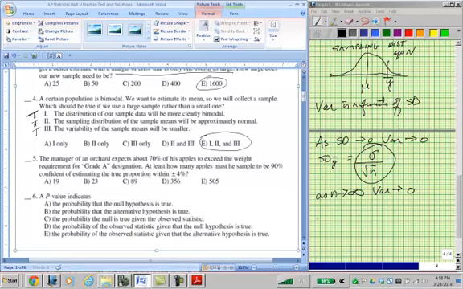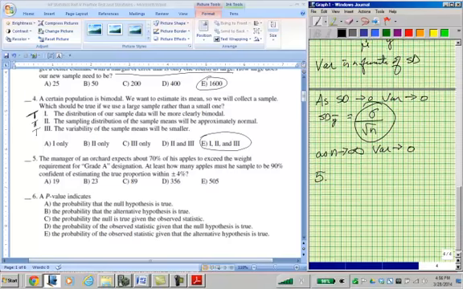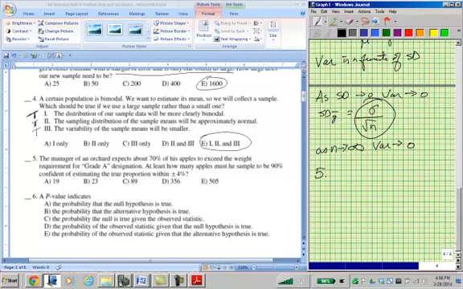Okay, 5. Manager of an orchard expects 70% of his apples to exceed the weight requirement for grade A designation. At least how many apples must he sample to be 90% confident? Okay, so we have to come up with a sample size. Now, we want a margin of error of 4%.